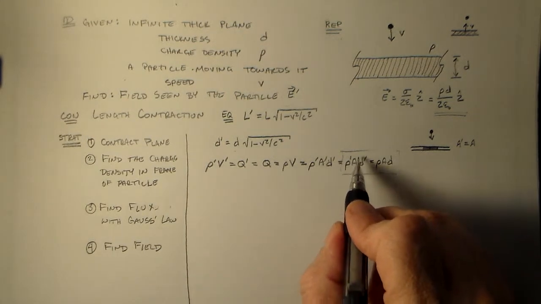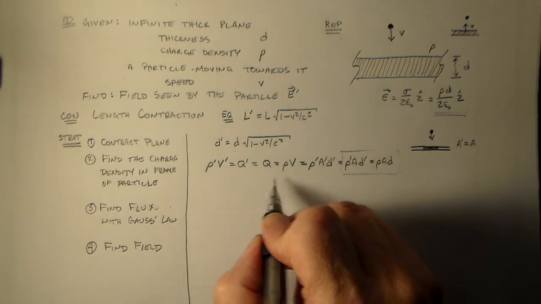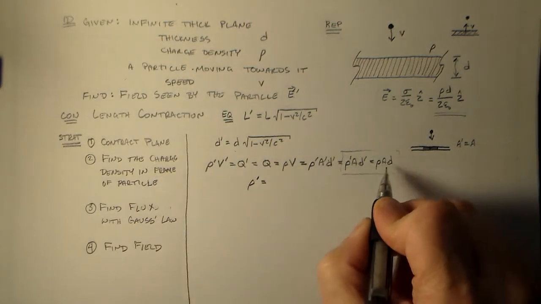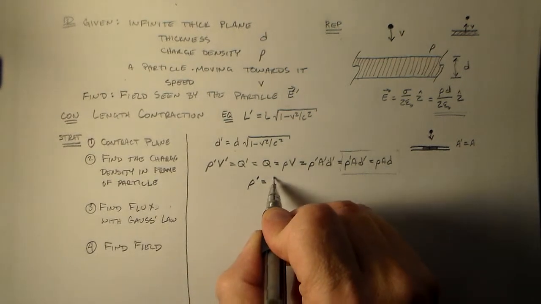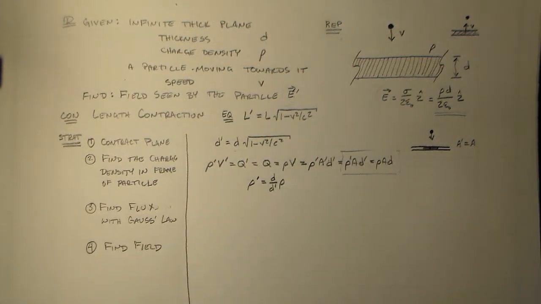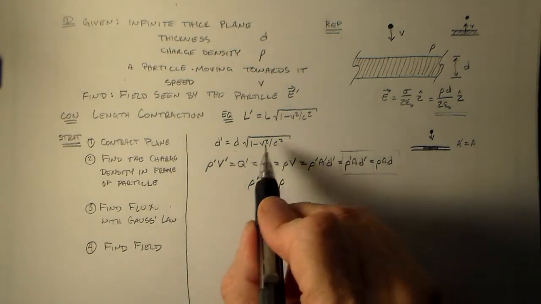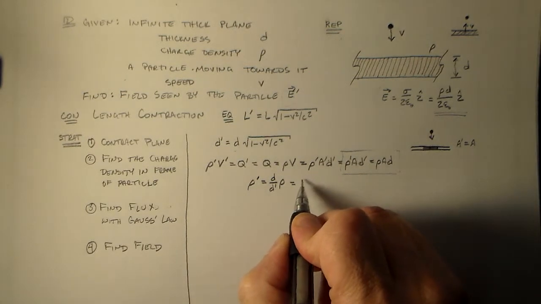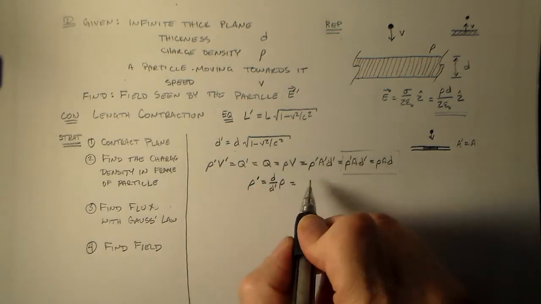We have these two together, and the A's are going to cancel. So that means our charge density rho prime is going to equal D over D prime times rho. And D prime, we ended up saying, is D times the square root of 1 minus v squared over c squared.